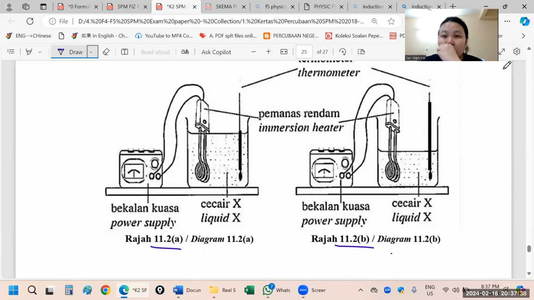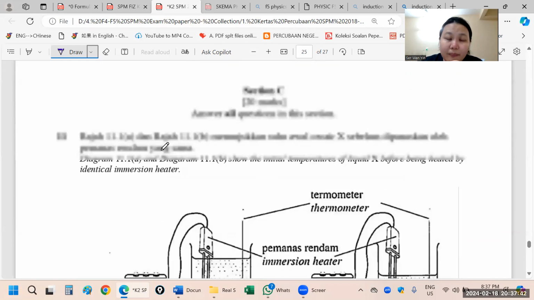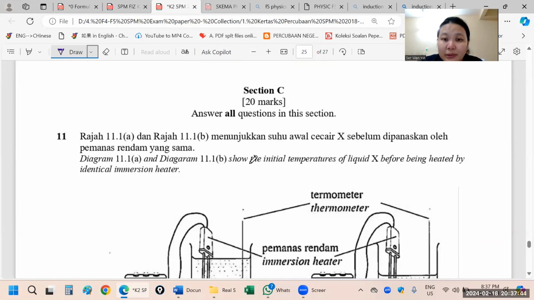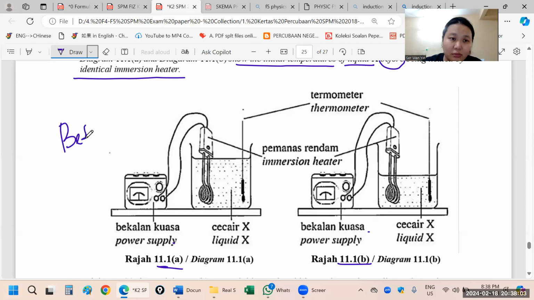Okay, let's see the difference, read properly. 11.1 and so on shows initial temperatures of liquid X before being heated by identical immersion heater. Okay, means these two are before. So you write for yourself, these two before.